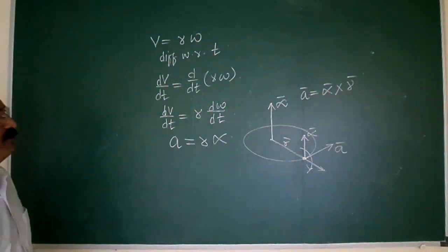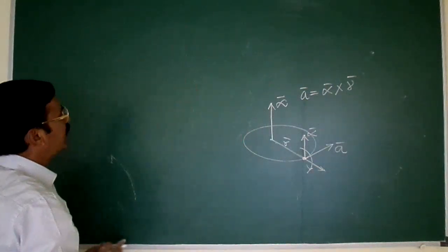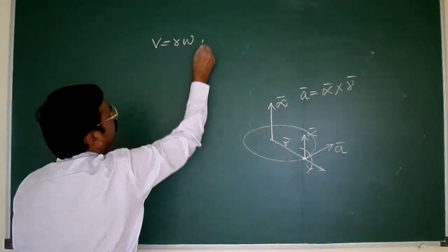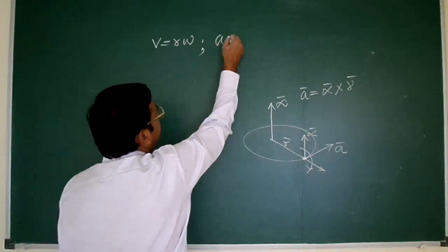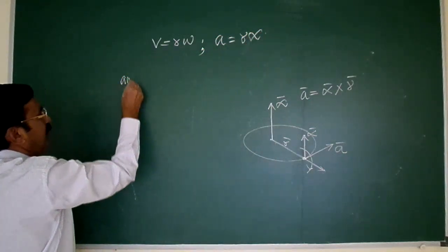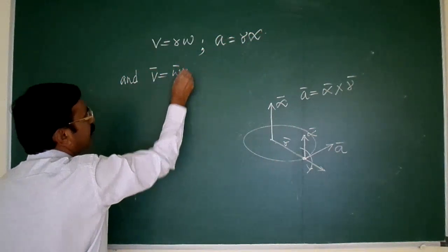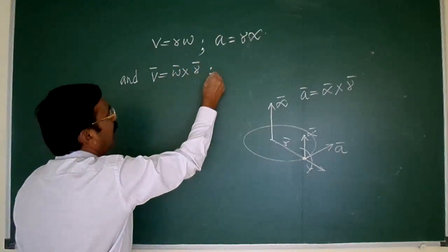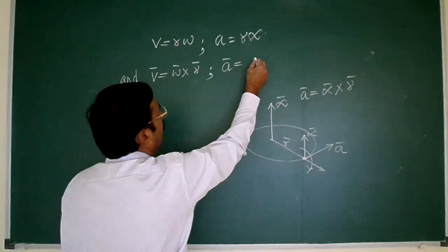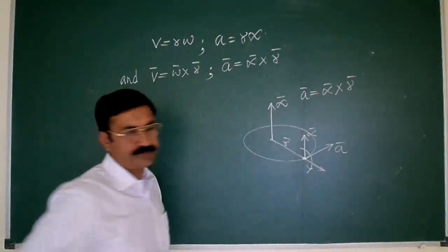And so with this we will be able to write the expressions as V is equal to R omega and A is equal to R alpha, and in vector notation V vector is equal to omega vector cross R vector and A vector is equal to alpha vector cross R vector.